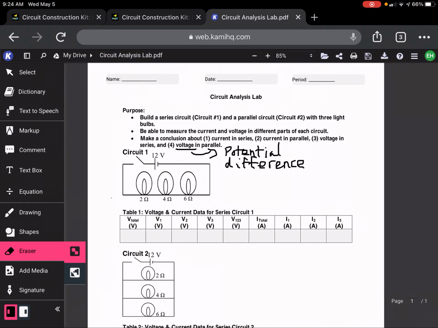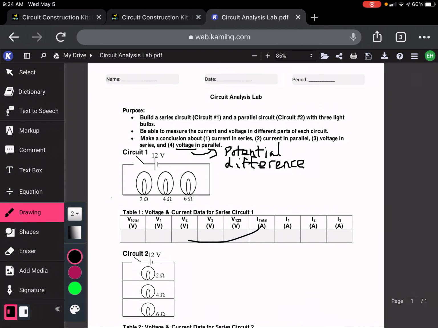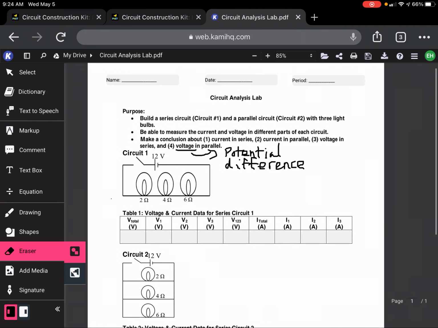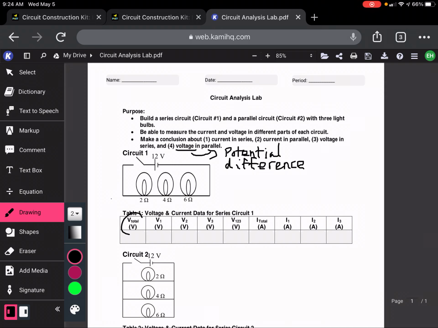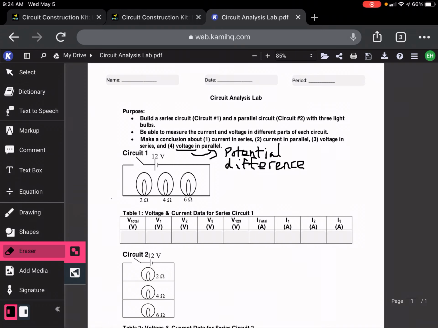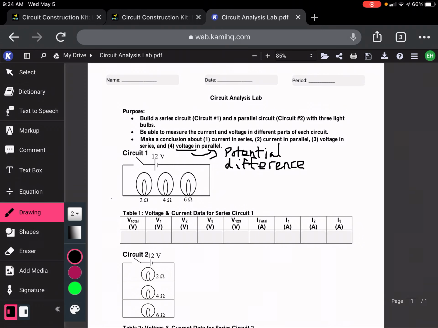What we're going to do is start by measuring the voltage in different parts of the circuit. Let's begin by measuring the total voltage across the battery. We are going to take a voltmeter and hook the black end up to the negative side. When you see the battery symbol like this, the long end is the positive end of the battery, the short end is the negative end.